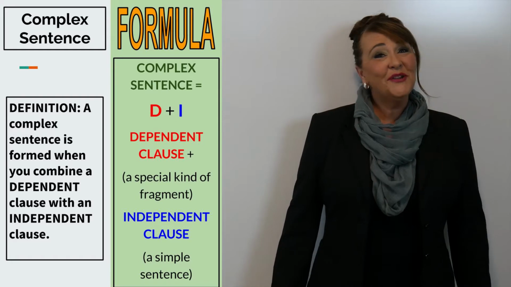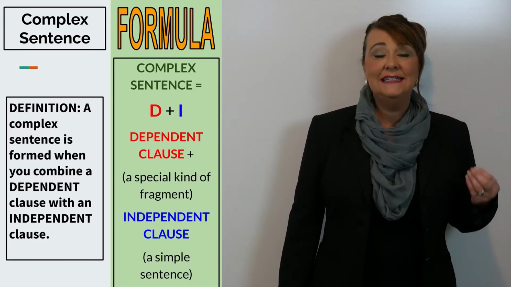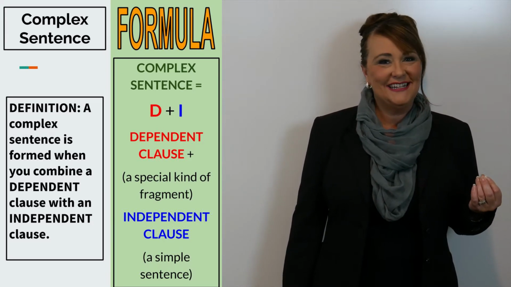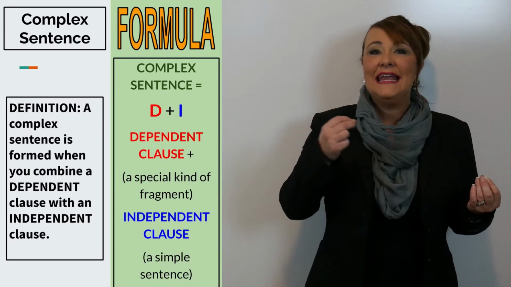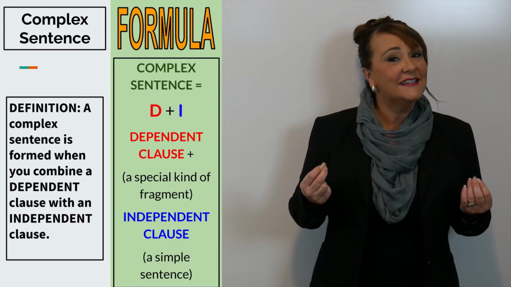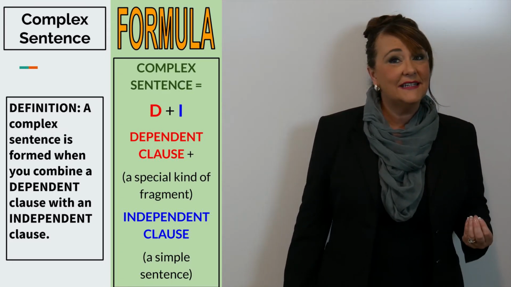So a complex sentence is formed when you combine a dependent clause, which is not a complete sentence, with an independent clause, which is a complete sentence. Let's look at the formula for a complex sentence.